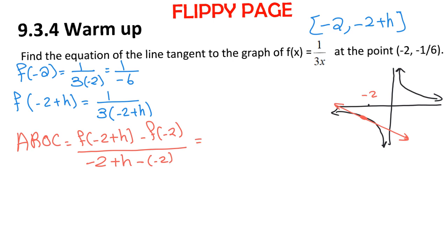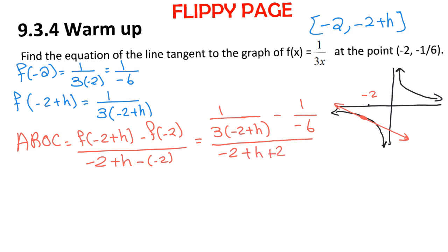Now I'll put the information into my equation. The f of -2 plus h is 1 over 3 times -2 plus h, minus f of -2, which is 1 over -6, and it's all over -2 plus h plus the 2.